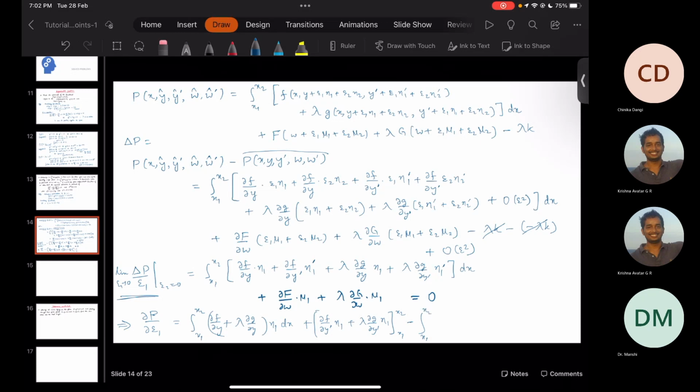the integral from x1 to x2 of d/dx of ∂f/∂y', plus lambda, which is a scalar, mind you, times d/dx of ∂g/∂y', and then into eta 1 dx.